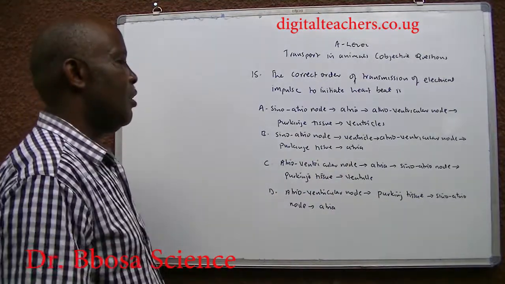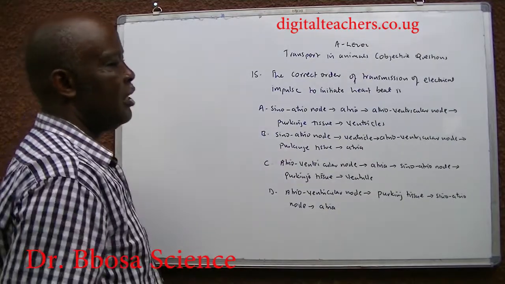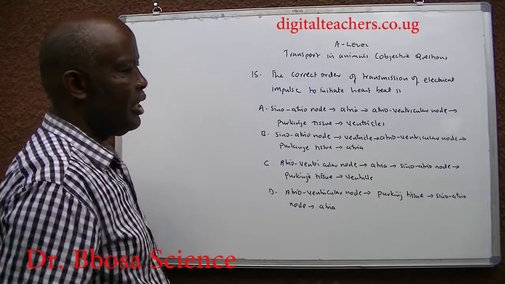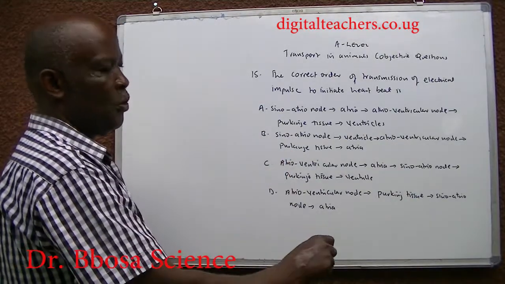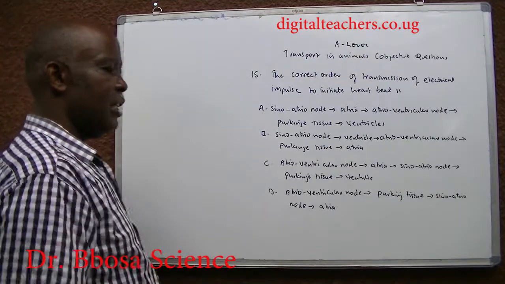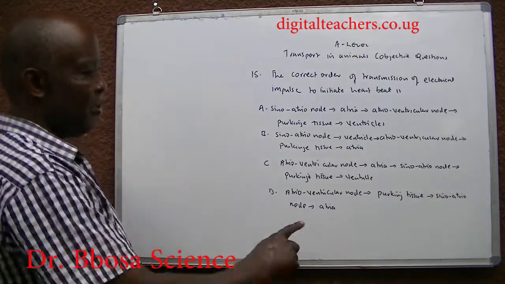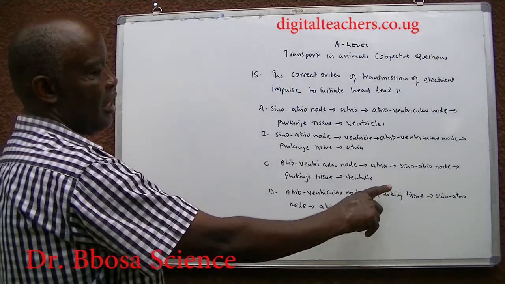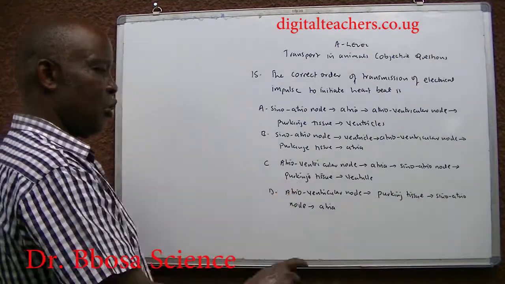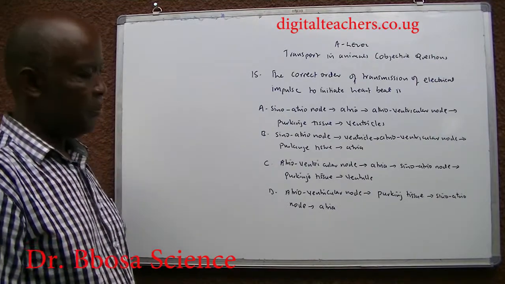B. From sinoatrial node to ventricle, to atrioventricular node, to Purkinje tissue, atria. C. From atrioventricular node to atria, to sinoatrial node, to Purkinje tissue, to ventricle.